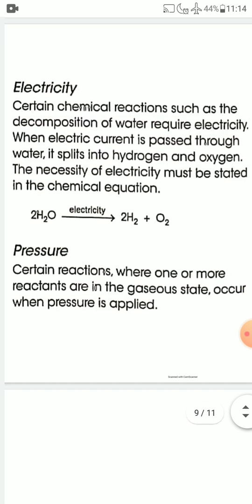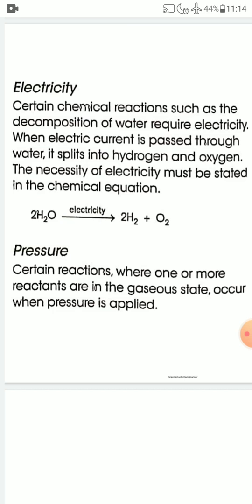Now electricity. Certain chemical reactions such as the decomposition of water require electricity. That means when electric current is passed through water, it splits into hydrogen and oxygen gas, and the necessity of electricity must be stated in the chemical equation.